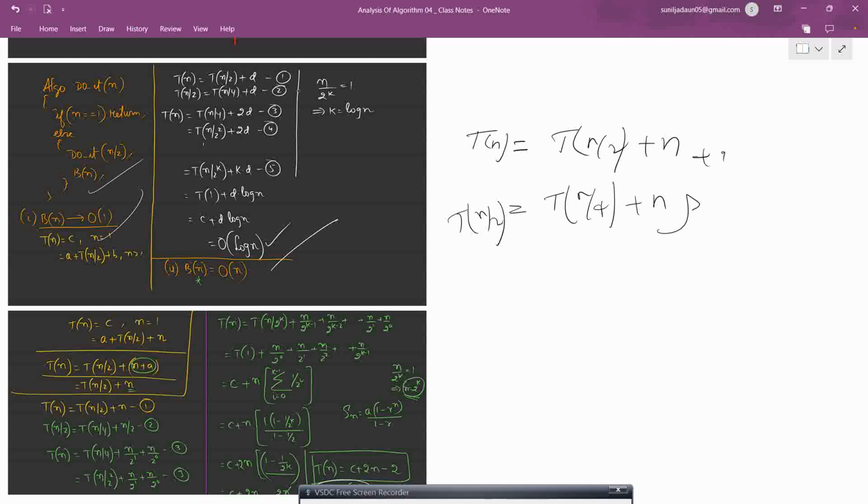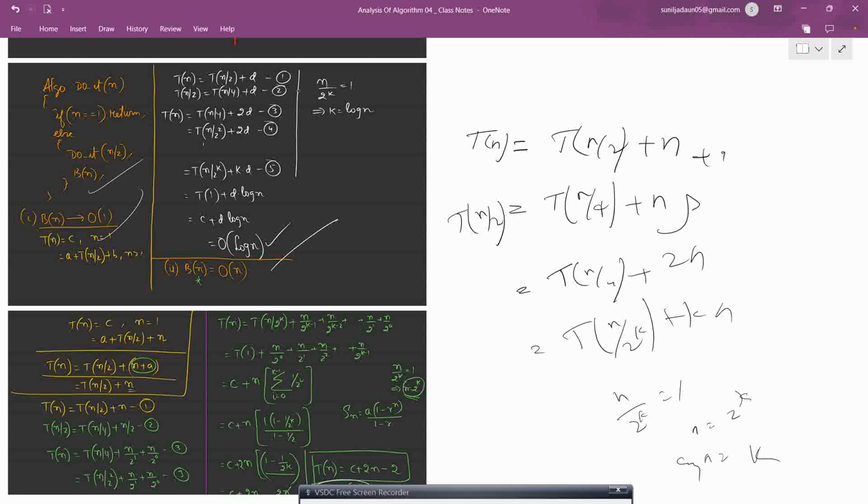If we do that, what will become of that? T of n by 4 plus 2n, right? T of n by 2 to the power k plus k n, k is equal to 1 over k, log n is equal to k, and log n, right?